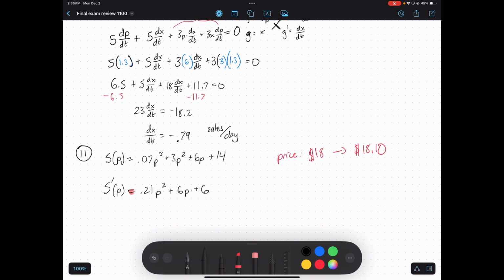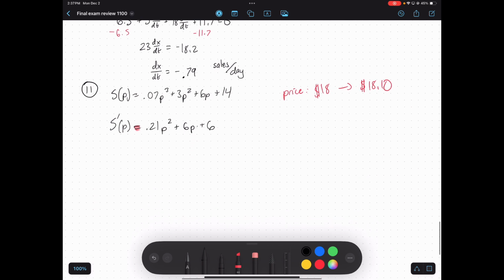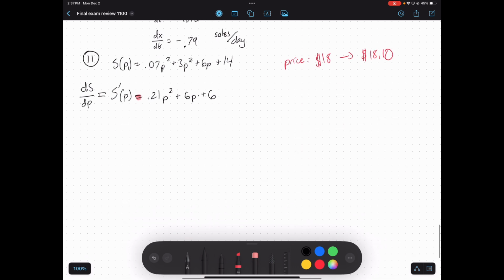Where the derivative is helping us out goes back to this idea of differentials, which was back in section 2.7. My other way of writing a derivative, if you remember, is Leibniz notation, dS over dP. It's how your supply is changing as P changes. Using that, I can rewrite it like this.